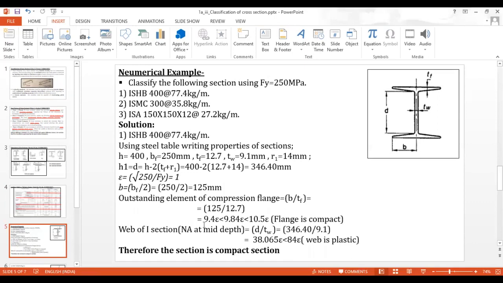Then for the web of the section, that is, neutral axis at the middle depth, we take the ratio of d upon tw. The d upon tw is equal to 346.40 divided by 9.1 mm, and it is 38.06 epsilon.